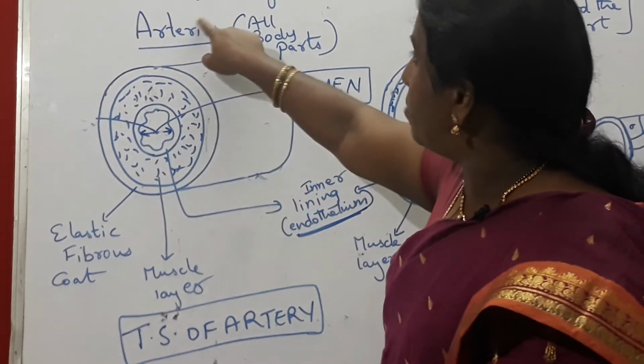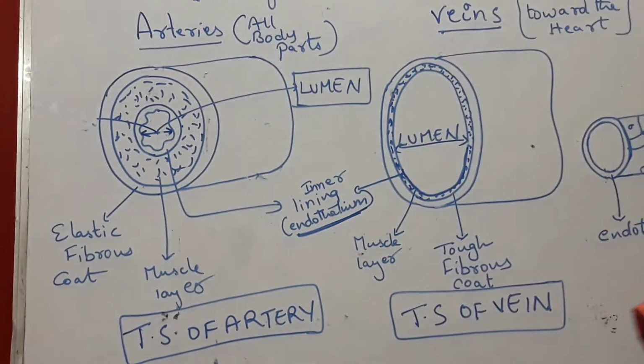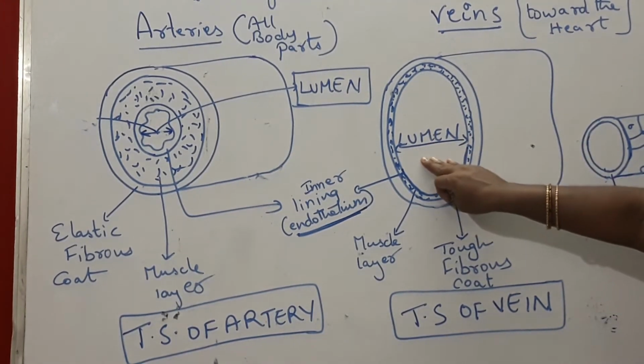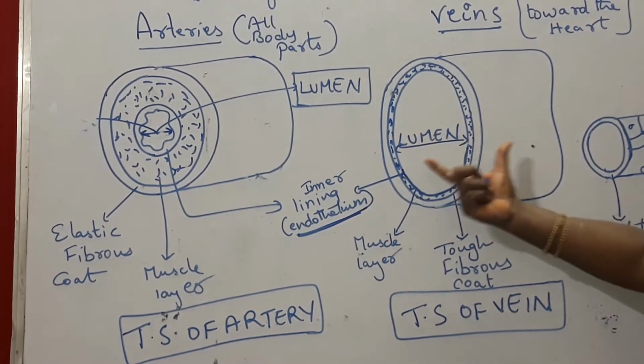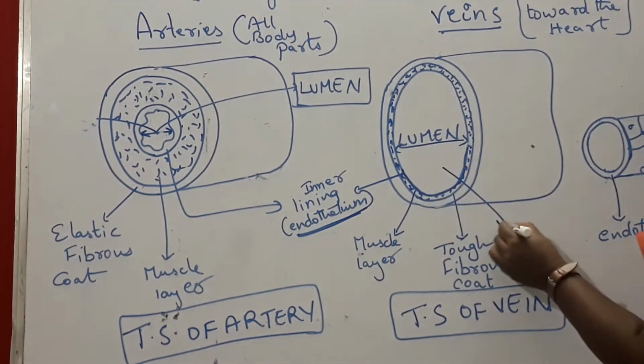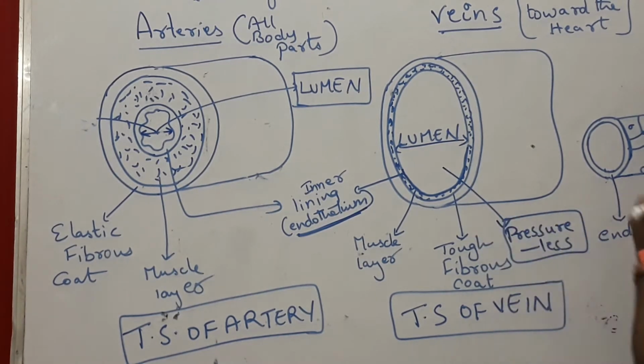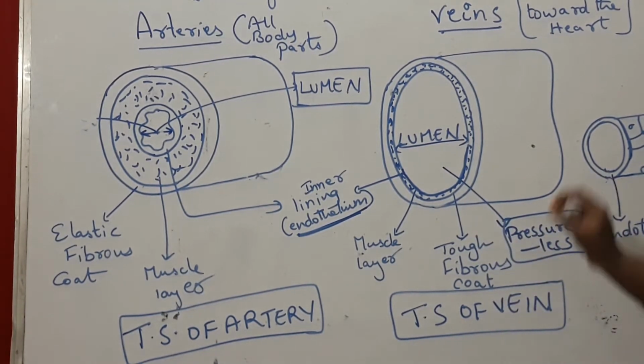Whereas here you can see the lumen is very large. Because the lumen is large, the pressure is less. Pressure is less in the veins.